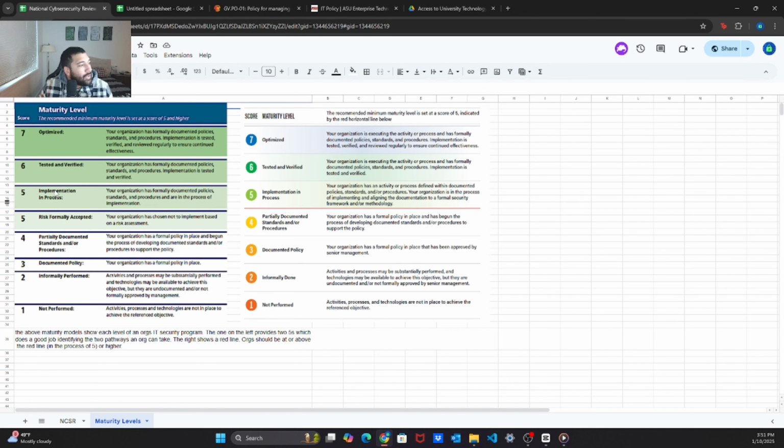So we hit this point here where we don't know that information, that they've done a risk assessment. But again, we can do a bit of investigating and make educational guesses here and say, if they've gotten that far to a 4, and they do have established policy, standards and procedures, we know that for sure.